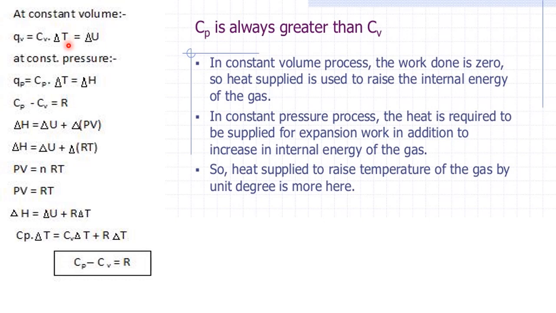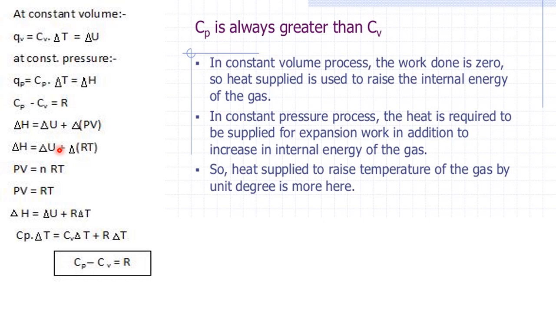At constant volume, I am taking Cv into delta T. And this is already R into delta T. In all the cases, delta T is common. So omitting the common factor, Cp is equal to Cv plus R, or bringing Cv to this side, Cp minus Cv equal to R. In this way, Cp minus Cv equal to R is concluded using all these derivations.